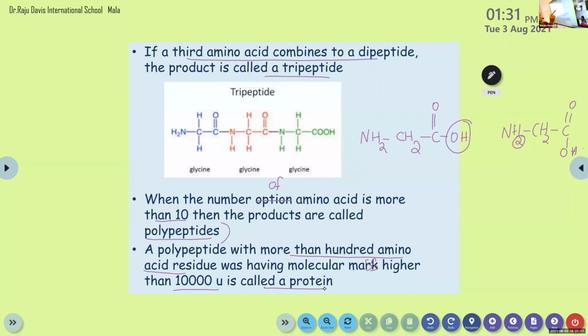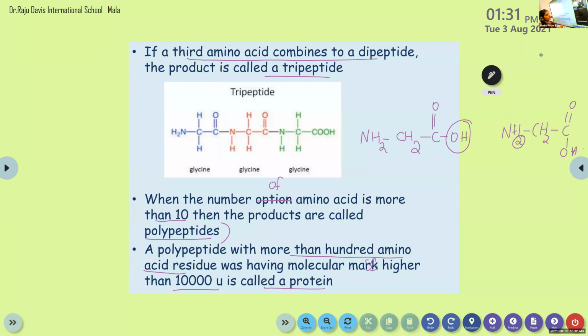And this distinction between polypeptide and protein is not very sharp. By definition, a polypeptide with more than 100 amino acid residues is called a protein, right? But sometimes at least 51 amino acids joined together to form a polypeptide will also be considered a protein.